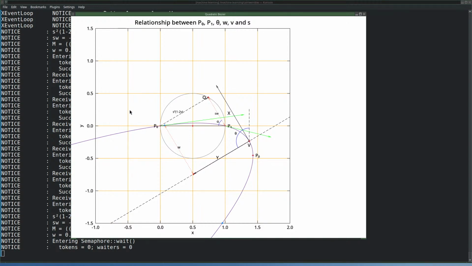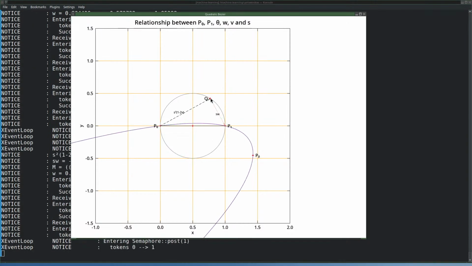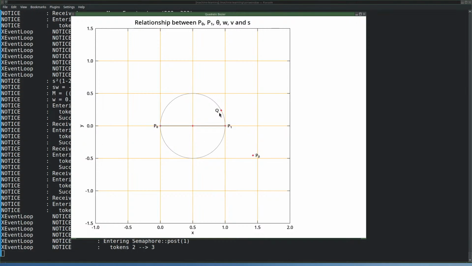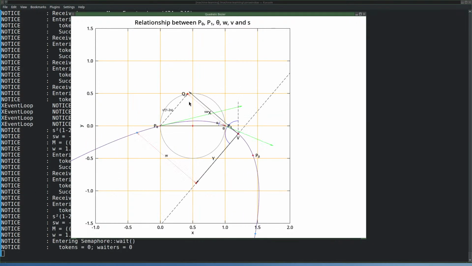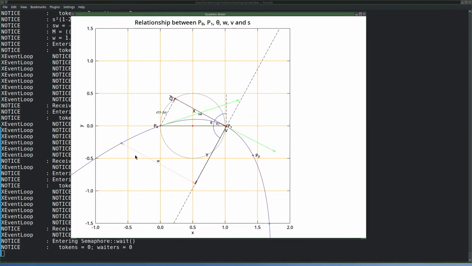This is parallel to the symmetry line of the problem. So by dragging this, I can specify the rotation of the problem.